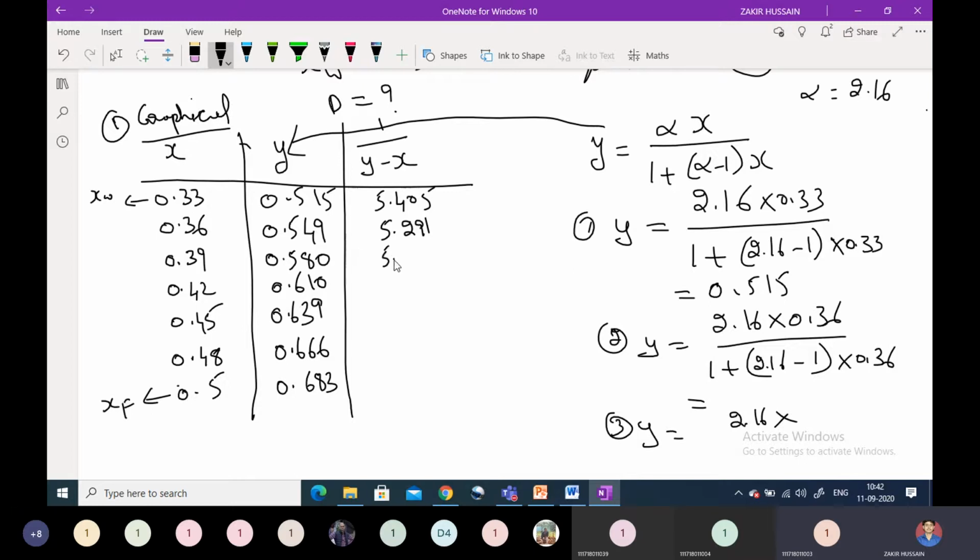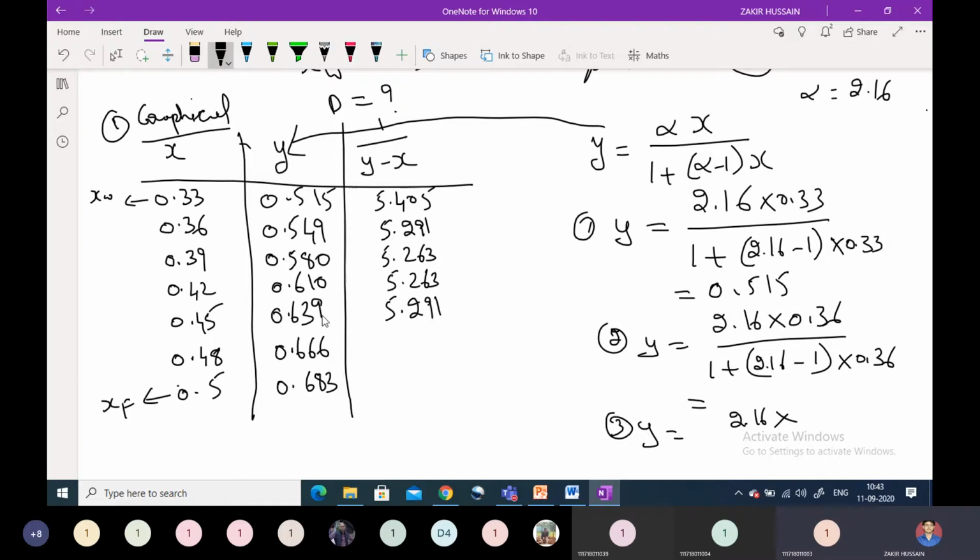Then the next values are 5.263, and 5.263 again, and the next one 5.319. Let us check the next one: 1 divided by (0.639 minus 0.45), you are getting 5.291.